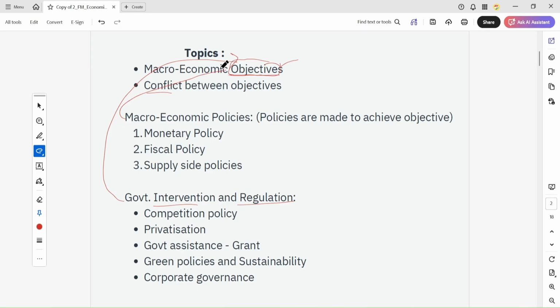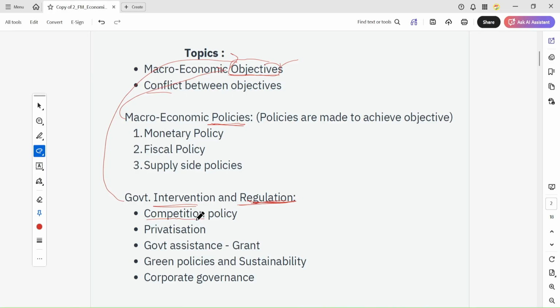So to achieve the macroeconomic objectives, government has to make policies, intervene and regulate. We have three policies here: monetary policy, fiscal policy, and supply side policies. Some interventions and regulations are like competition policy.